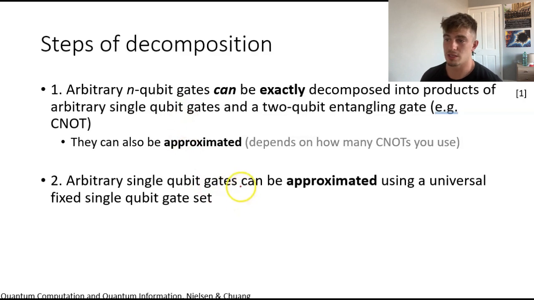And thankfully, it turns out that if we have those things, we can approximate any 2-qubit gate to arbitrary accuracy. And then, thankfully again, it turns out that any n-qubit gate can be approximated by a number of these 2-qubit gates.